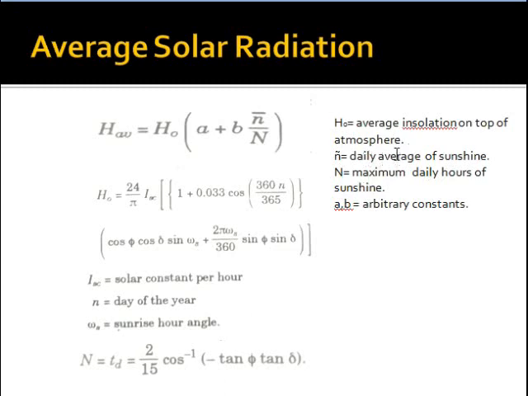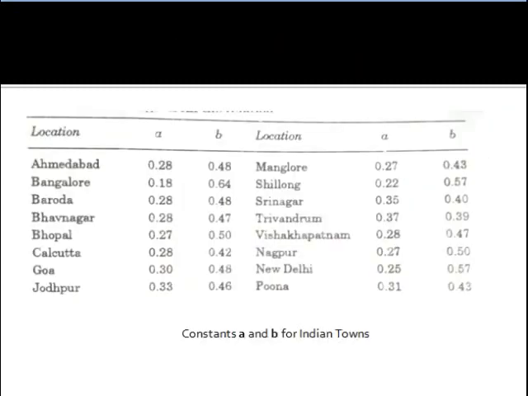But this is the average of that time. If the intensity of light is high or low, that period is averaged. That will be given in the data as a and b or n dash, and H naught you have to calculate. In the next slide we can see how a and b vary for different towns in our country.